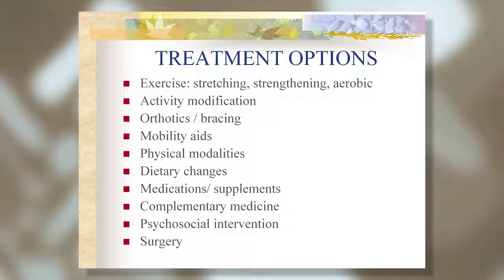Often we address dietary changes, medications and supplements. And then there's complementary medicine, things like acupuncture and yoga and cognitive behavioral therapy that can be very useful. Psychosocial intervention may be indicated, and at times even surgery, although there are risks to surgery unique to polio survivors, and we take surgery very seriously before we recommend it.